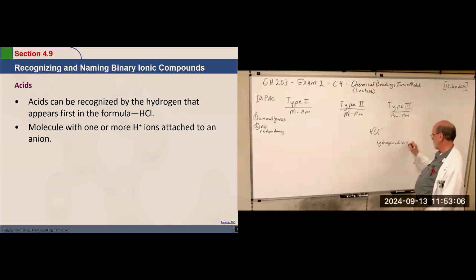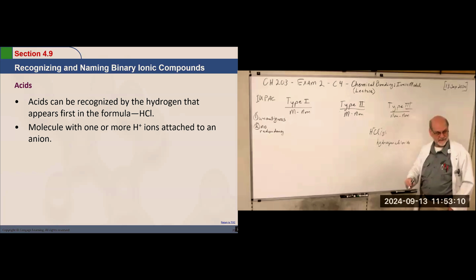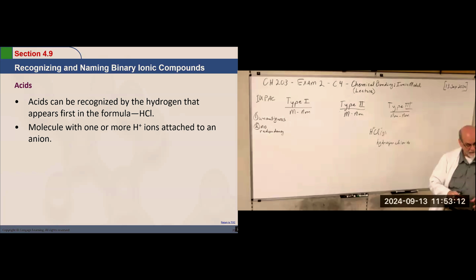And hydrogen chloride is a gas. Okay. But if you dissolve it in water, now we have to change and use the acid naming conventions. Okay. And these are the rules.